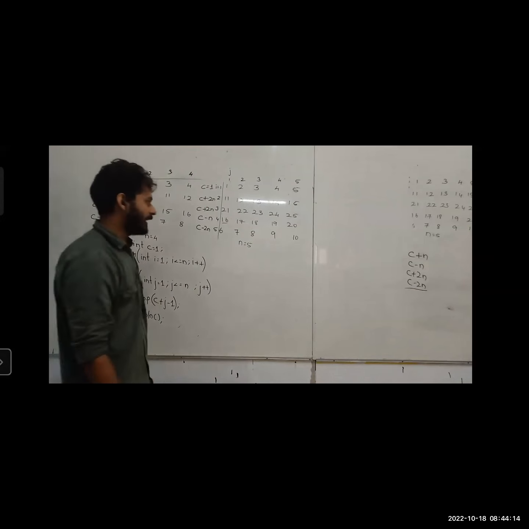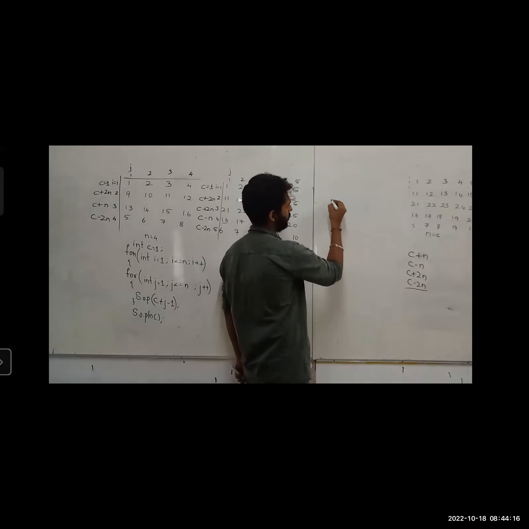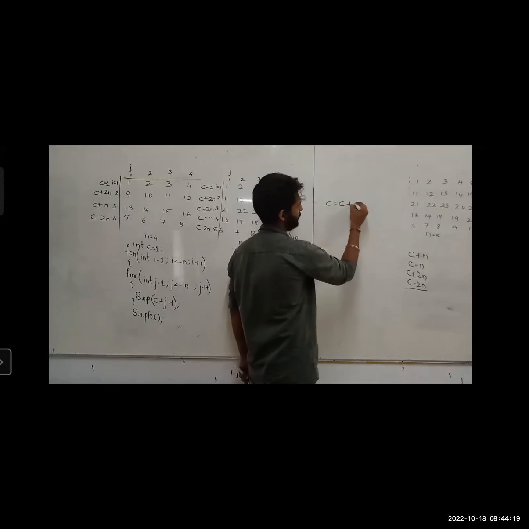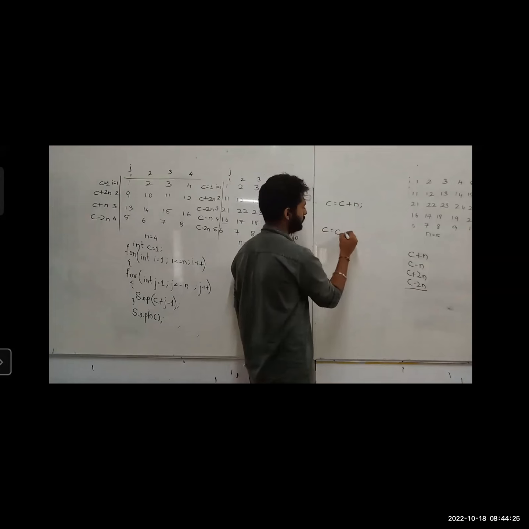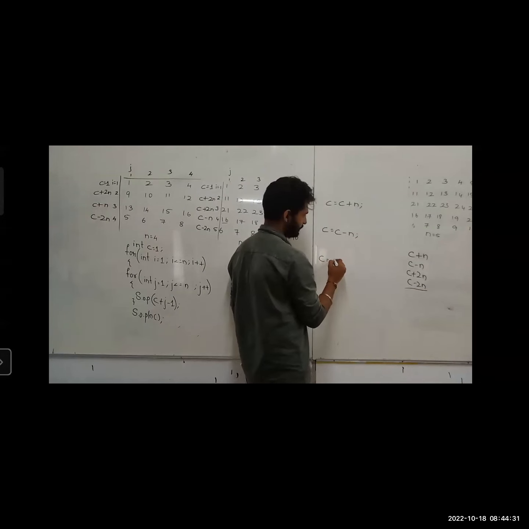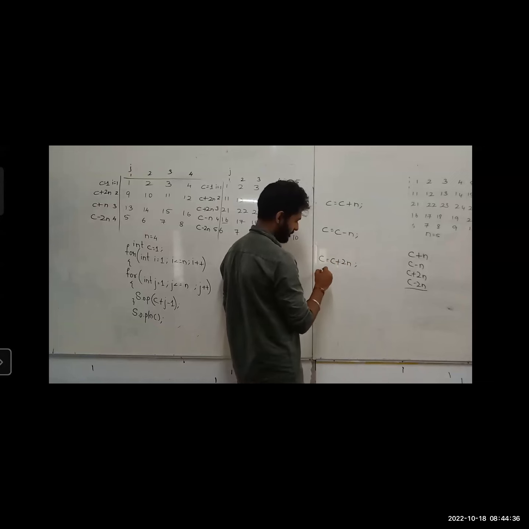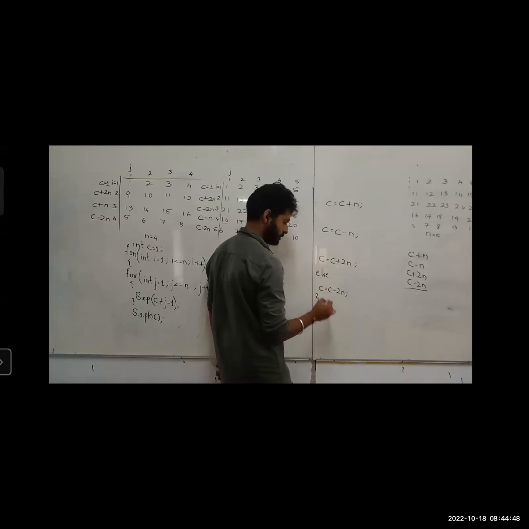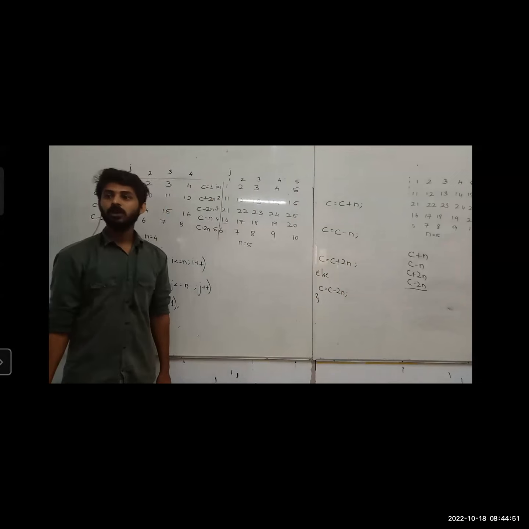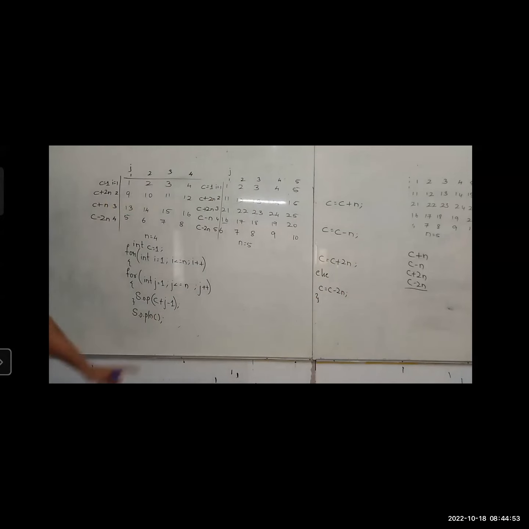Now the same thing if I have to write here. In some cases, I want to do C equal to C plus n. In some cases, I should do C equal to C minus n. In some other cases, I should do C plus 2, and C square to C. The program is over, provided I fulfill those conditions.